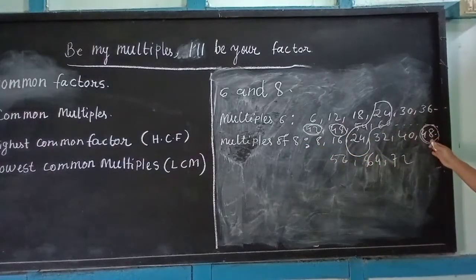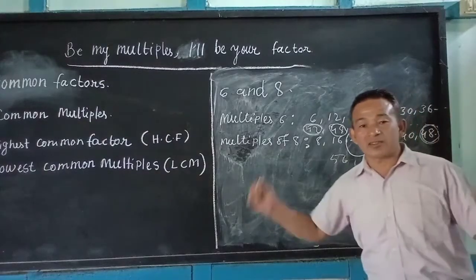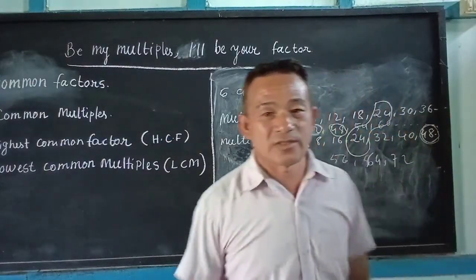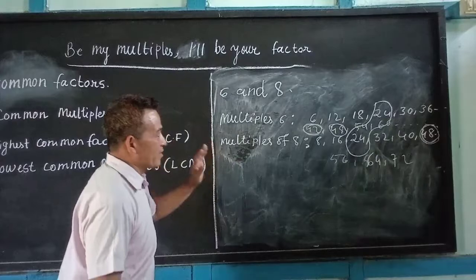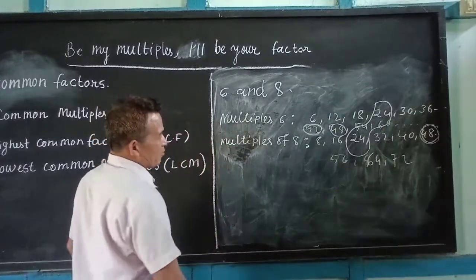That means there are so many common multiples. But we are going to write the smallest common multiple.